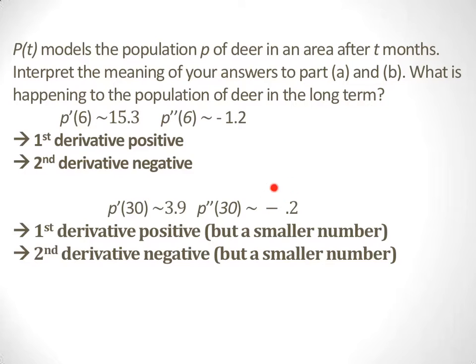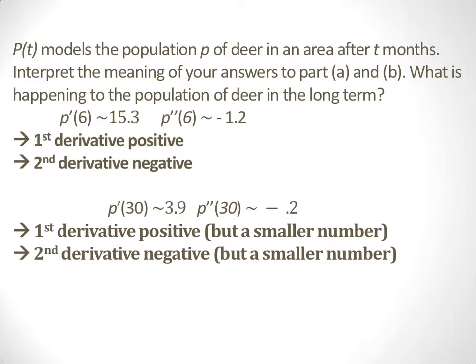The same is true here, that we have a positive first derivative smaller than this, so it is growing. The rate of change at 30 months is smaller than it is at 6 months, and it is decelerating at -0.2, and decelerating here, this -1.2. Now, the deceleration is slowing down as well. So the population is still growing, but it is growing at a slower and slower rate.